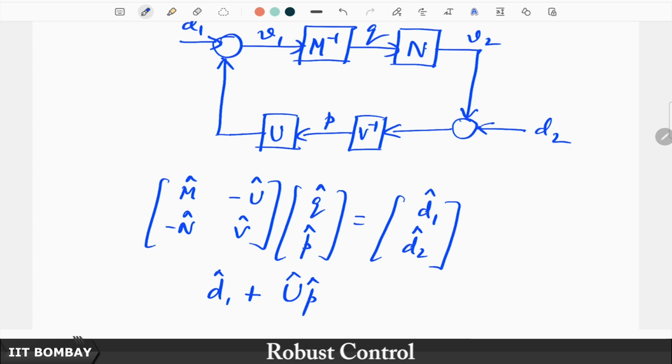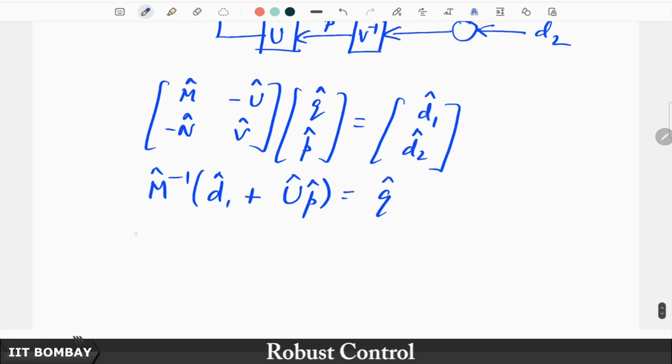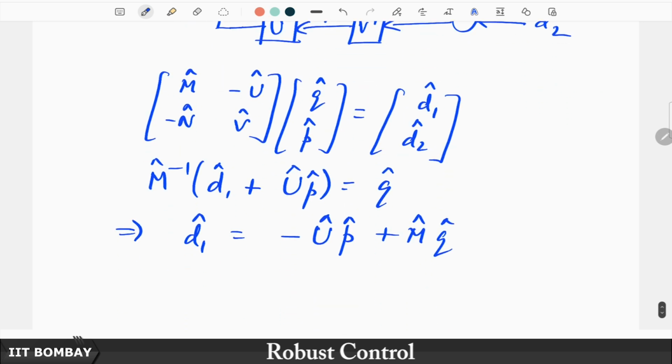So, D1 hat plus U P hat, this whole thing being hit by M hat inverse leads to Q hat. Now if I hit it with M hat on both sides, what I will get is D1 hat is equal to minus U hat P hat plus M hat Q hat, and that is all that has been written here. That is basically the first equation.